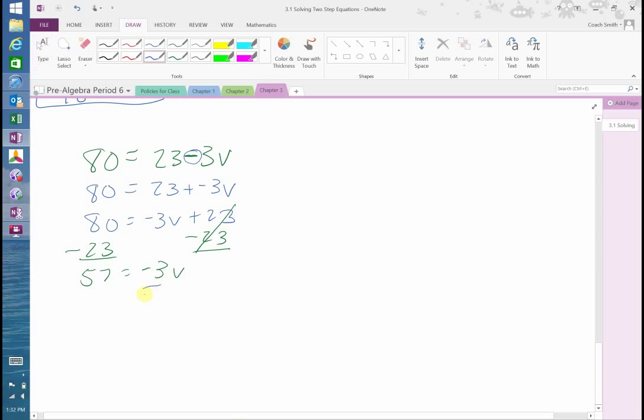Now I divide by negative 3 to both sides. Leaving me with v is equal to negative 19.